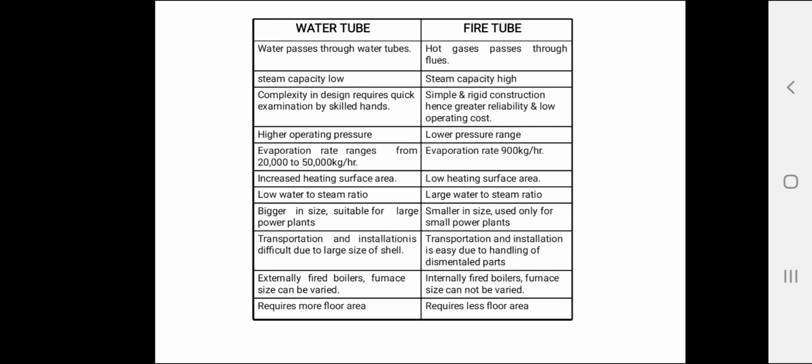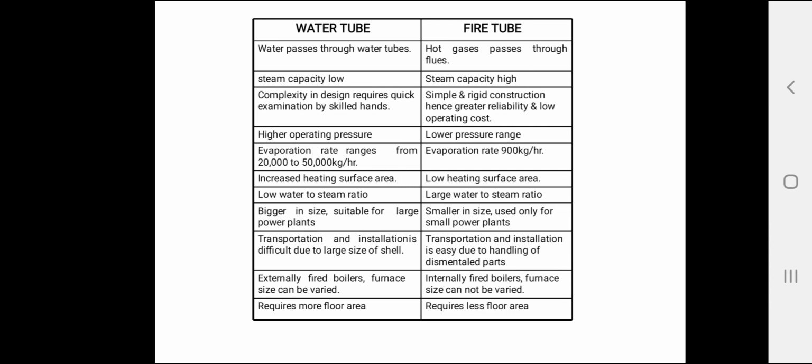The design is complex and requires quick examination by skilled hands, whereas the fire tube boiler has simple and rigid construction, hence greater reliability and low operating cost. A water tube boiler requires high operating pressure, whereas a fire tube boiler has a lower pressure range.